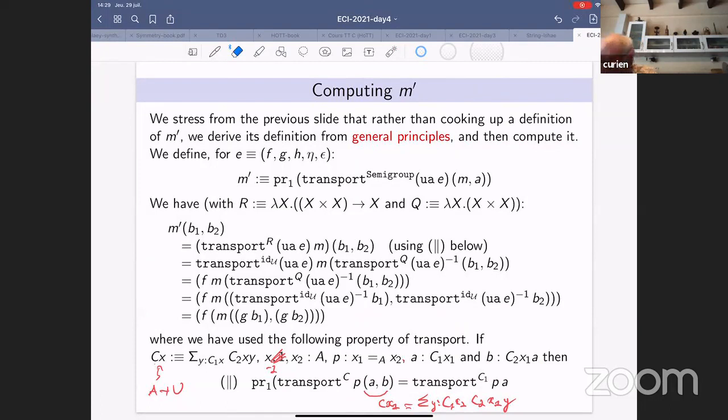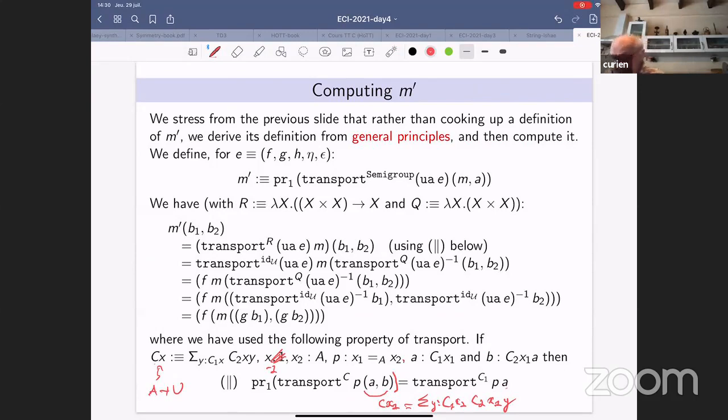Okay, and what this lemma tells us is that if I transport, so here there's also a parenthesis missing, if I transport relative to C along P this pair, and then take the first projection, then essentially B does not matter, and I could as well have transported just A relative to just the family C1 along the same path P. Okay, so this is again, as most of the time, proved by path induction.